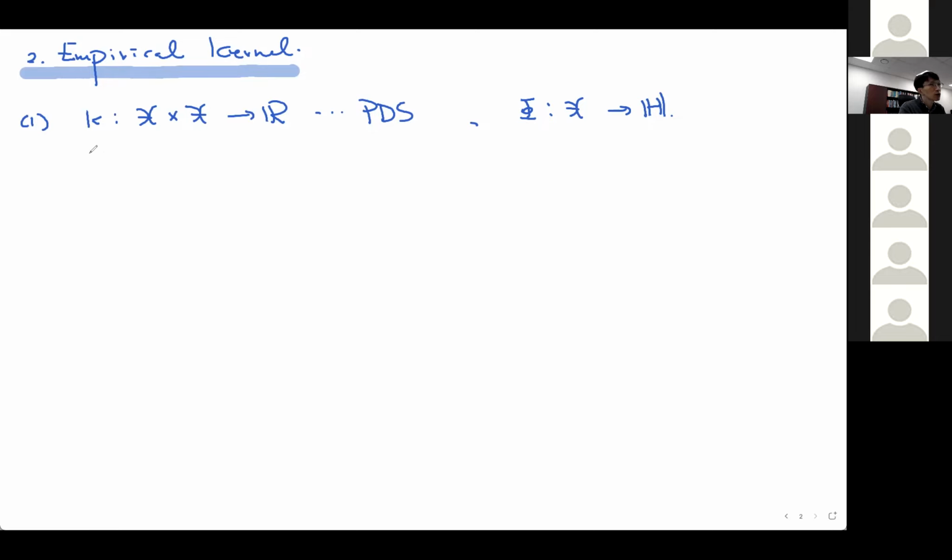So the situation we are considering is that we have a positive definite symmetric kernel, and a feature map phi, although this second part is not really needed. What we also have is a sample, which is a sequence of examples, a sequence of inputs.